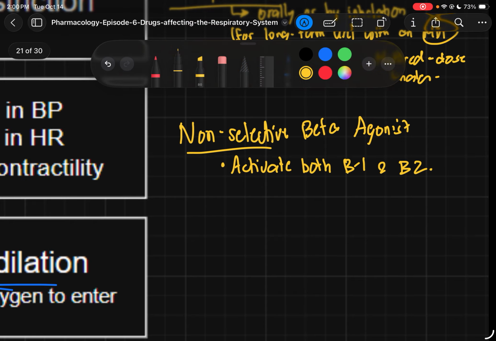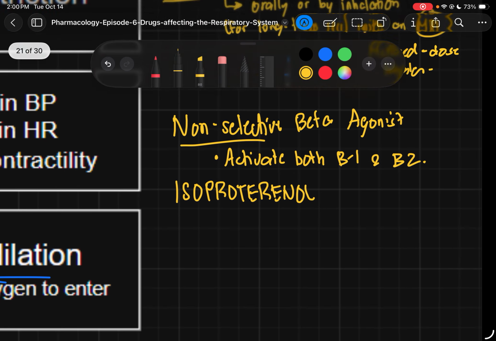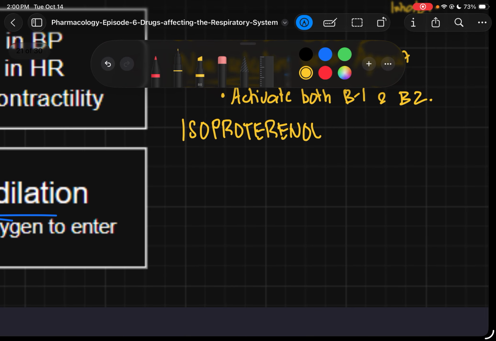An example of a drug like this is isoproterenol. This is usually given via MDI, metered dose inhaler. It can also be used with a nebulizer. And the best part is it can also be given via IV.